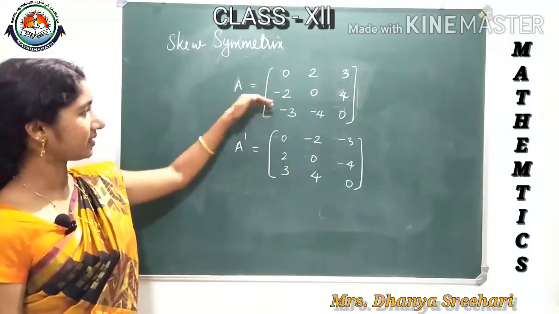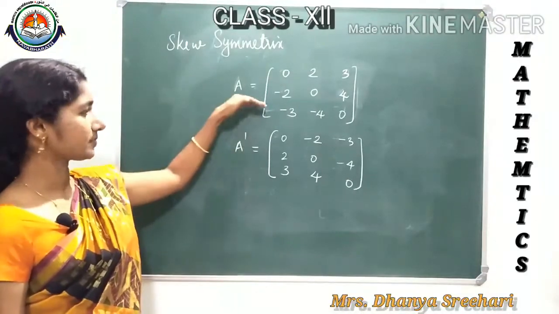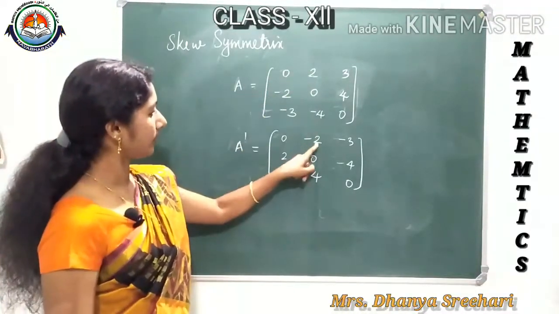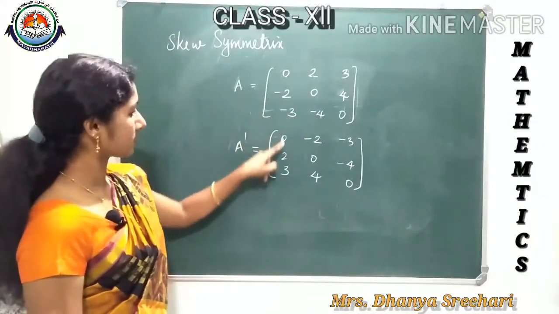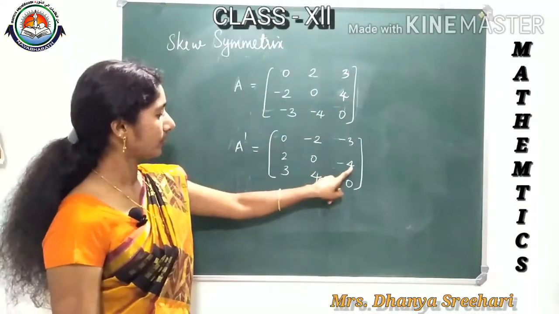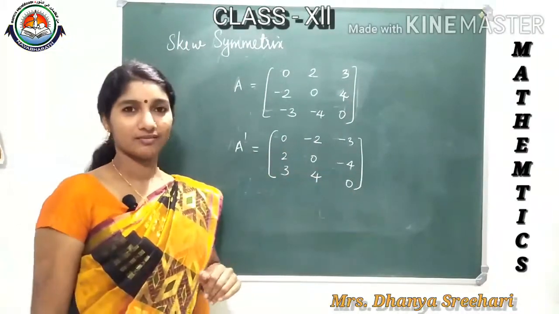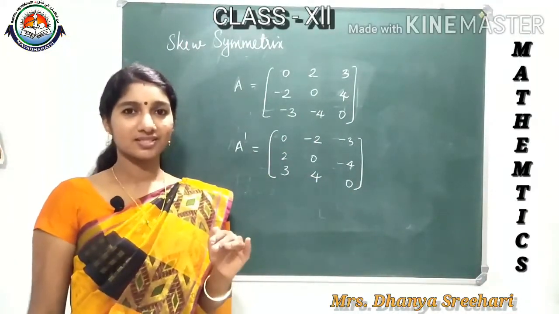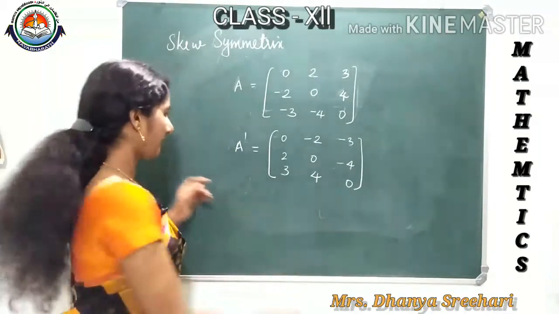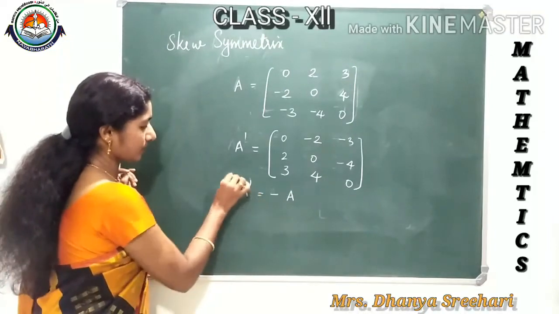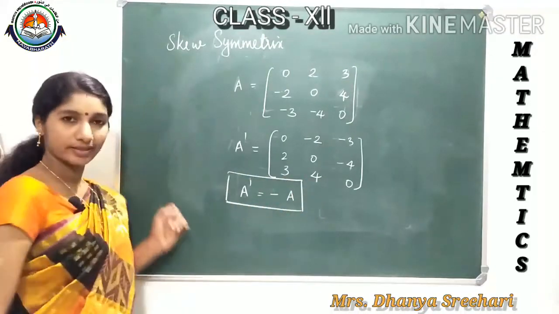Any connection with A? 0, 2 become minus 2, 3 become minus 3, minus 2 become 2, 0, 4 become minus 4, minus 3 become 3, minus 4 become 4 and 0. What happened? The numbers' signs changed. That means this is equal to minus of matrix A. A transpose we got as minus of matrix A.